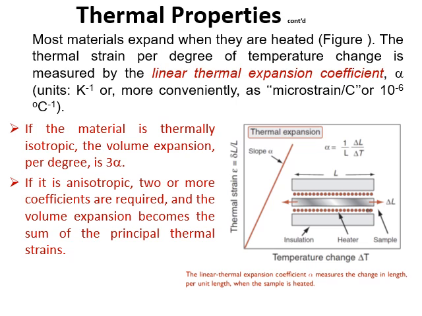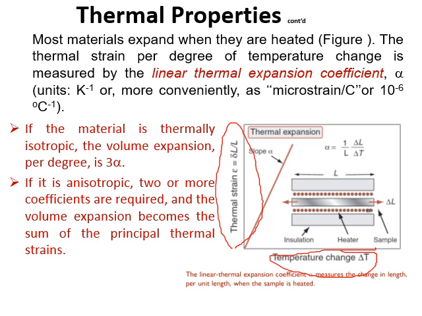If the material is thermally isotropic, the volume expansion per degree is 3 alpha. If it is anisotropic, 2 or more coefficients are required, and the volume expansion becomes the sum of the principal thermal strains. So here you have the temperature change delta T versus thermal strain epsilon, which is equivalent to delta L per L, such as you have learned in strength of materials.